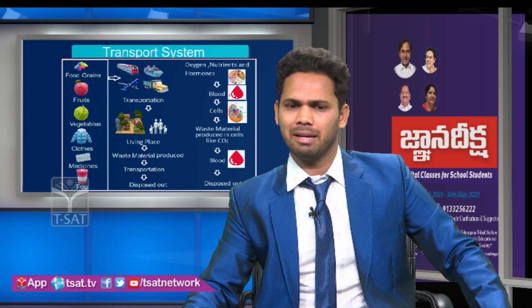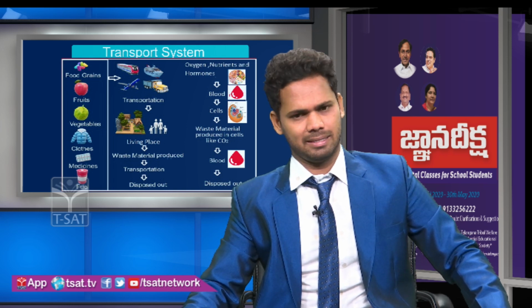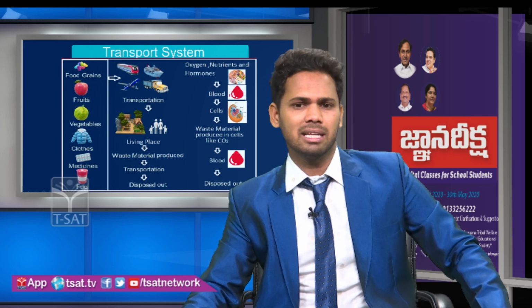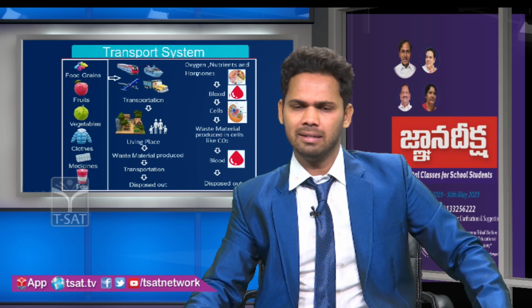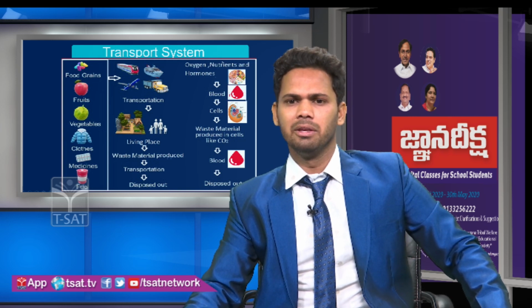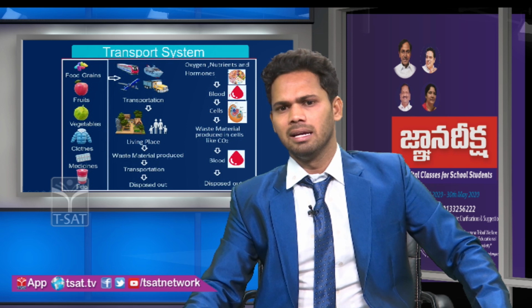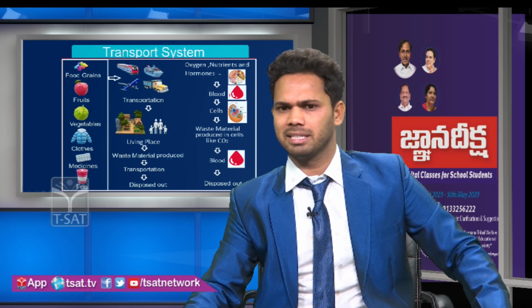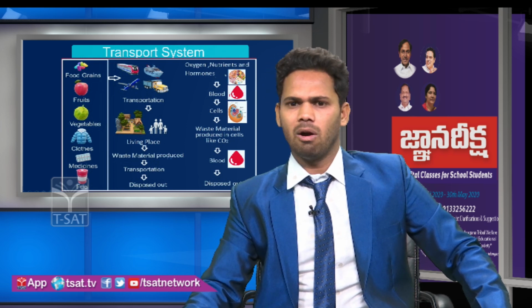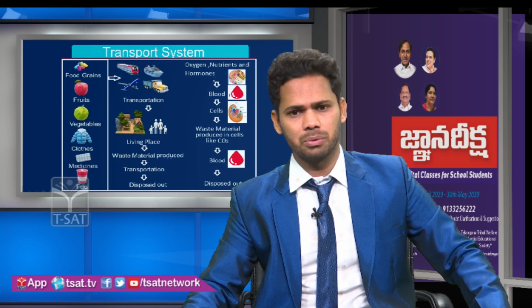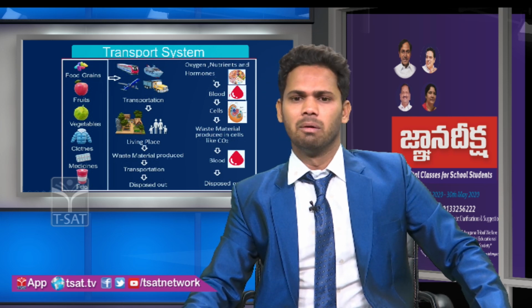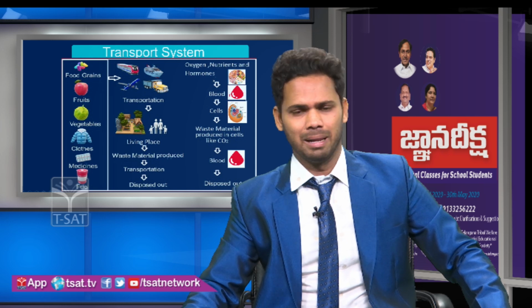At the same time, how do we understand this similarly with our body? You see here, oxygen, nutrients and hormones. These are all useful substances in our body. They should reach all the cells with the help of blood.